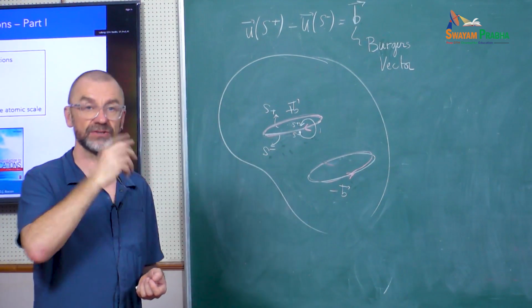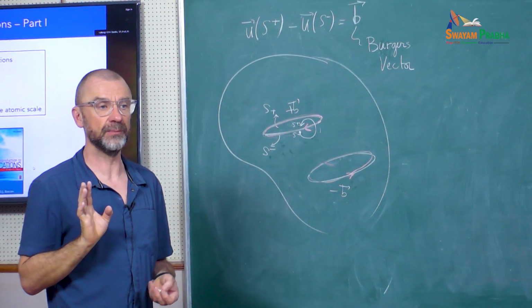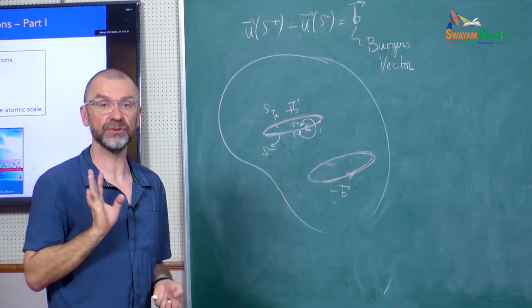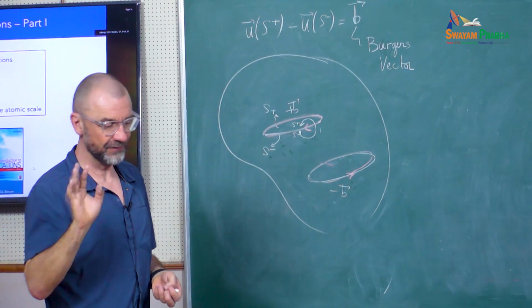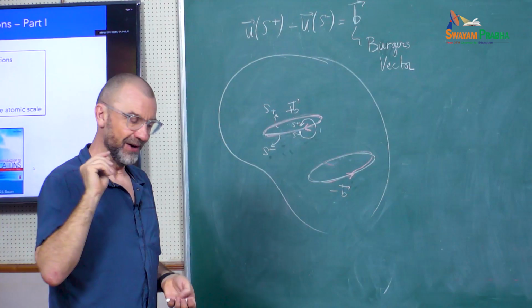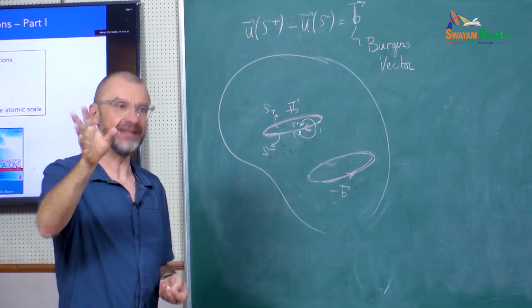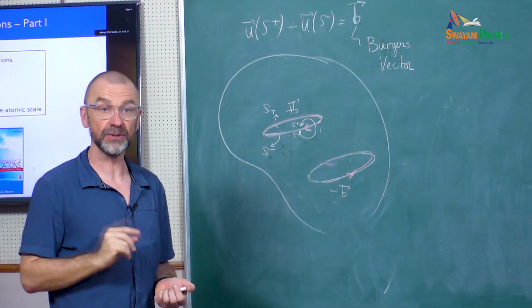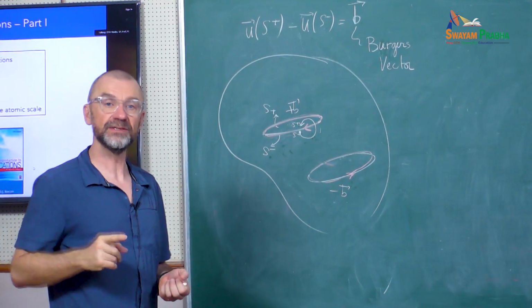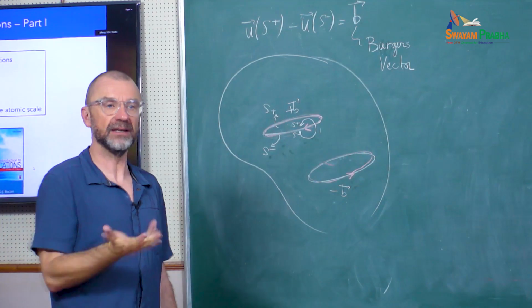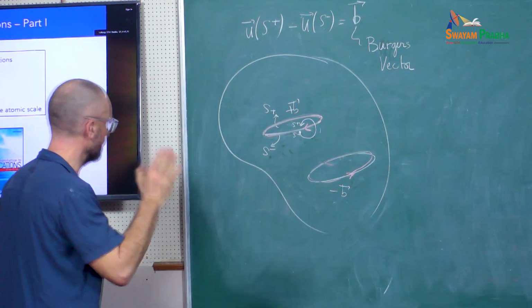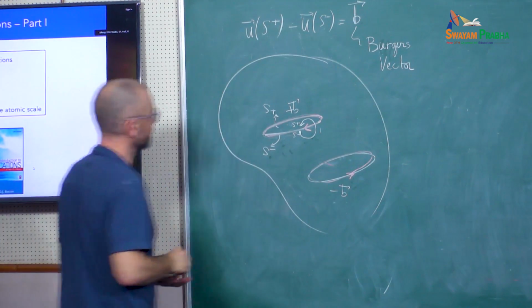You change the direction of the dislocation line, you change the Burgers vector, but you don't change the dislocation itself. Very often in papers, authors tell you that's the Burgers vector of the dislocation, but they do not tell you the direction of the dislocation. Then you don't know which it is, and that's not correct. So always give the direction of the dislocation.